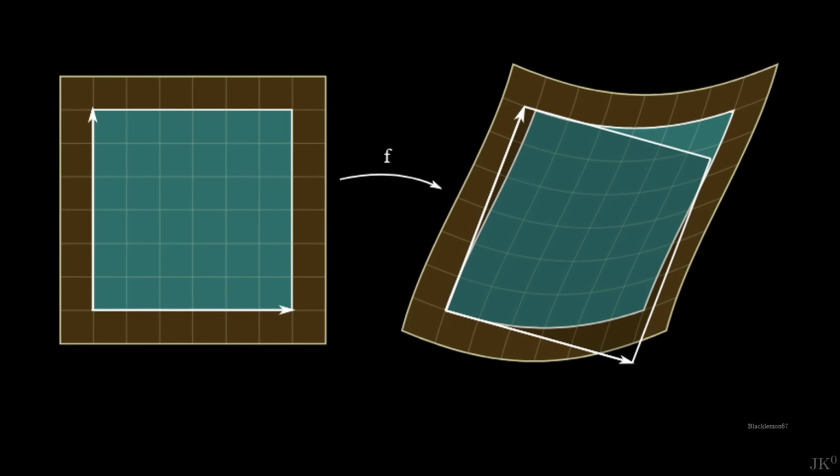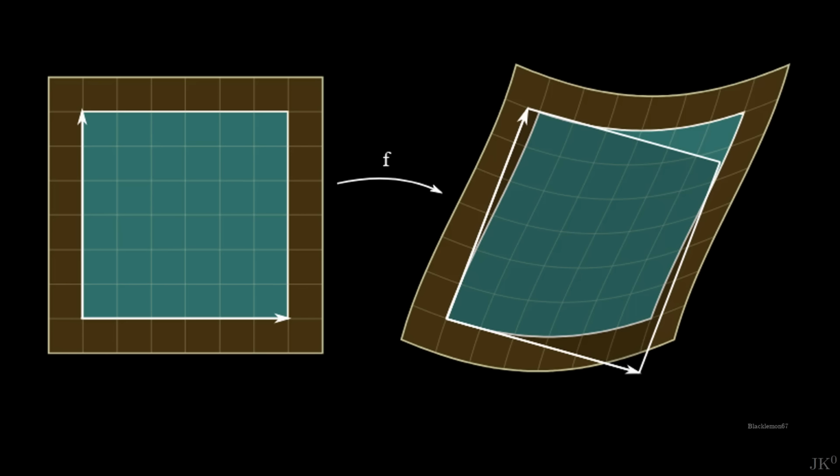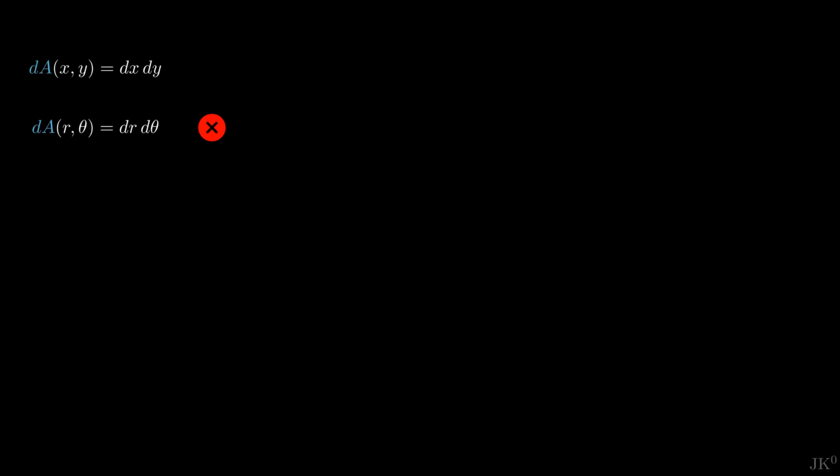The Jacobian is a function that compensates for nonlinearities at each point. Consider Cartesian coordinates x and y. The infinitesimal element of area is just dx times dy. If we instead use polar coordinates r and theta, the element of area is not just dr times d theta.